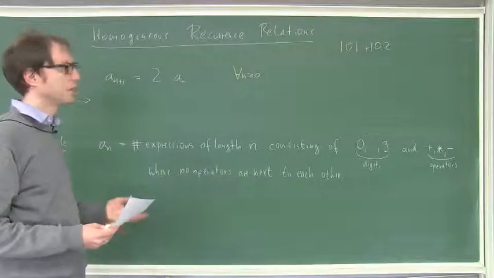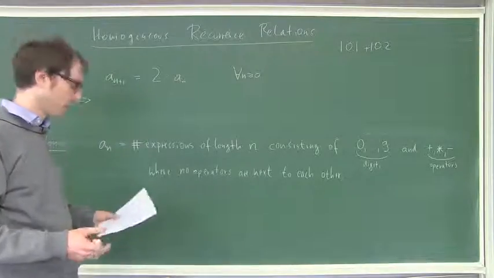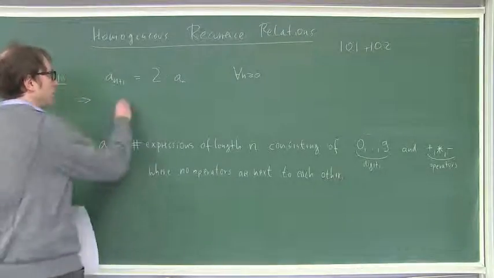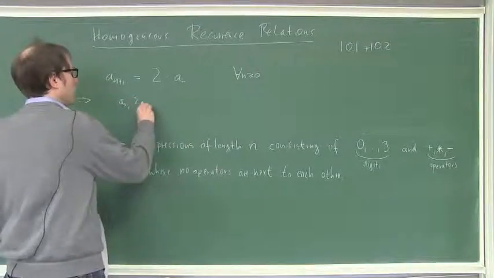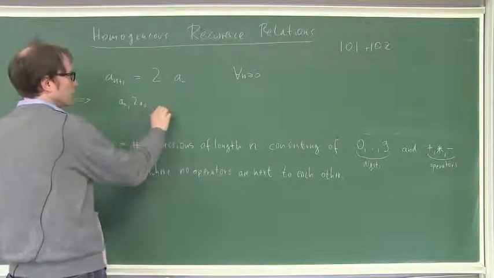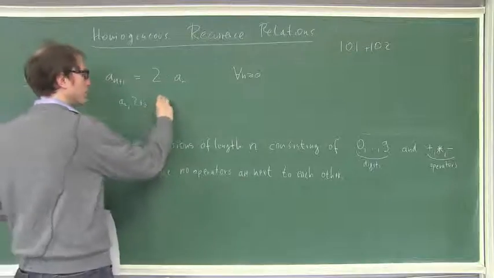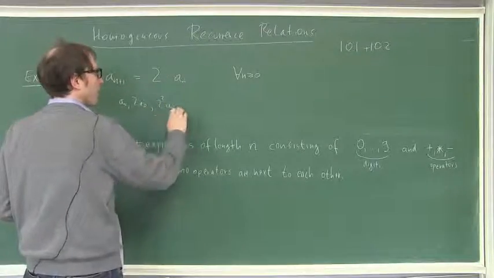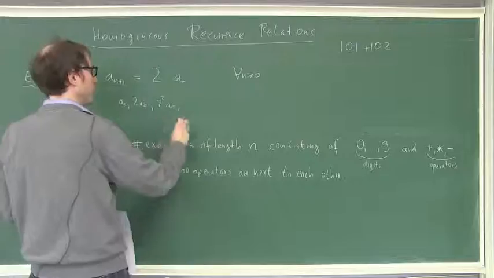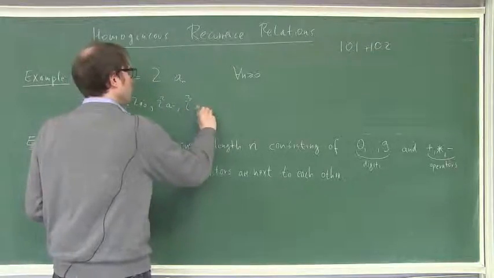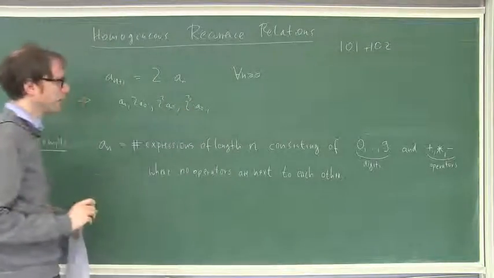This is not so hard to solve. If we have a0, the next one is 2a0, the next one is 2 times 2a0, which is 2 squared a0, and so forth. So this will be the sequence.